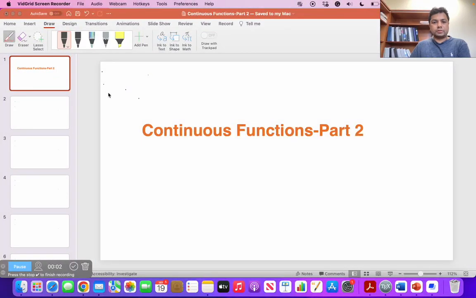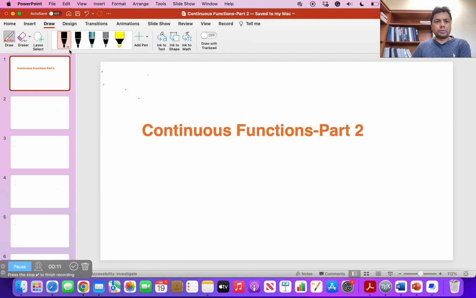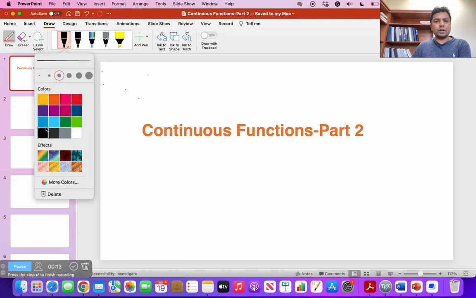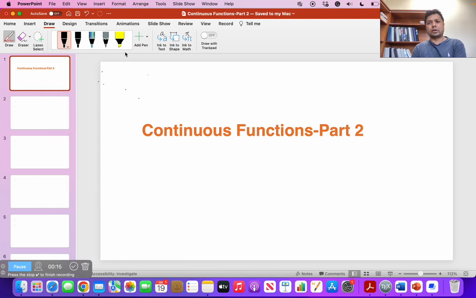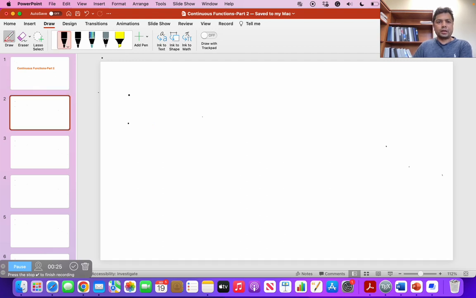Okay, in our previous video, we talked about continuous functions between two topological spaces. In this video, we're going to talk about one more type of special function between two topological spaces, which is called homeomorphism.